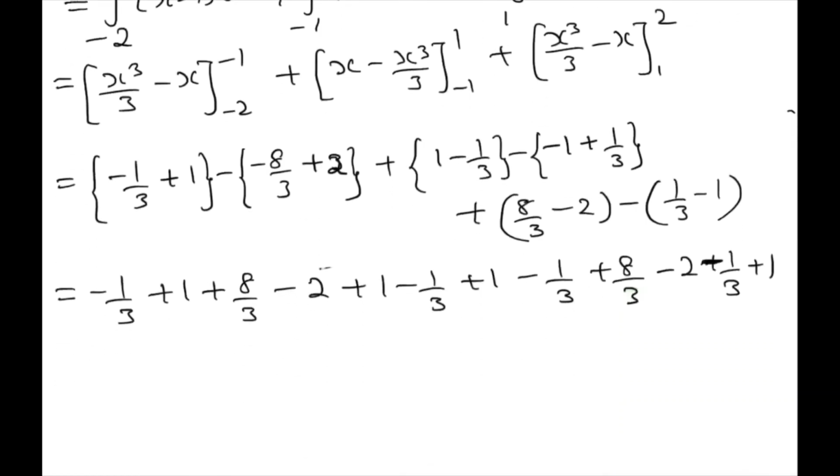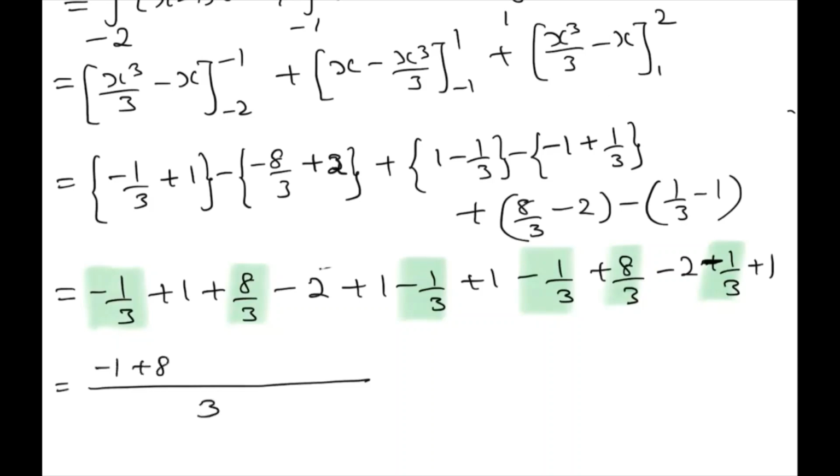Now we take the terms having 1 by 3 as a factor, rather 3 in the denominator. 3 minus 1 plus 8 minus 1 minus 1 plus 8 minus 1.